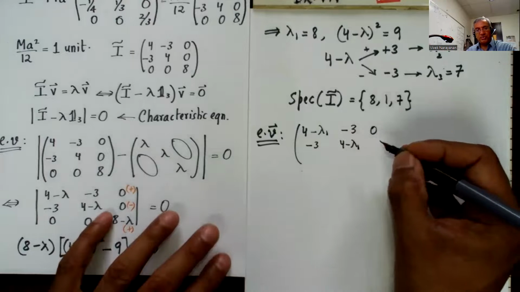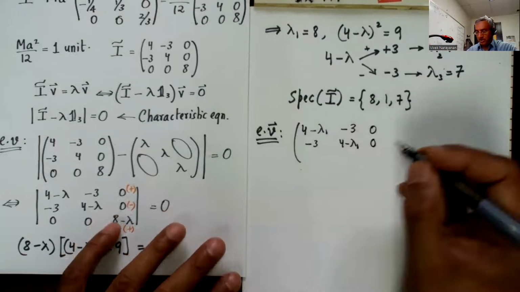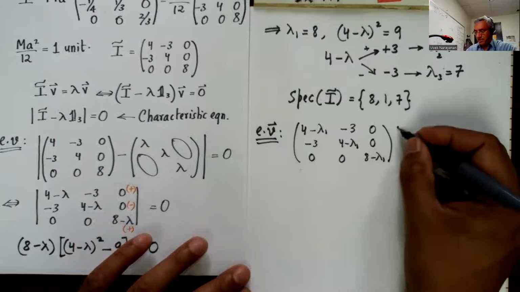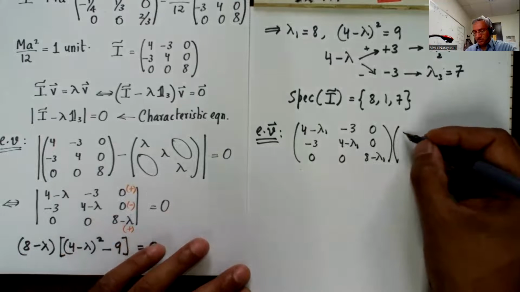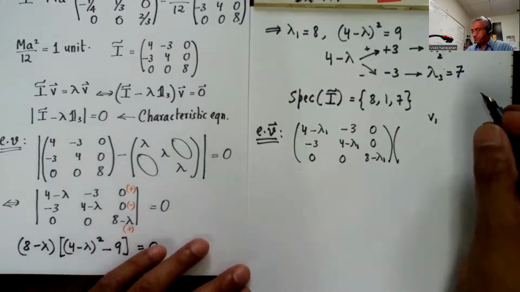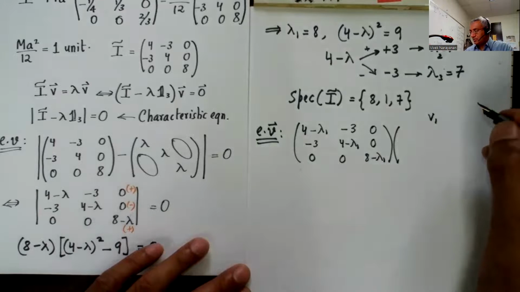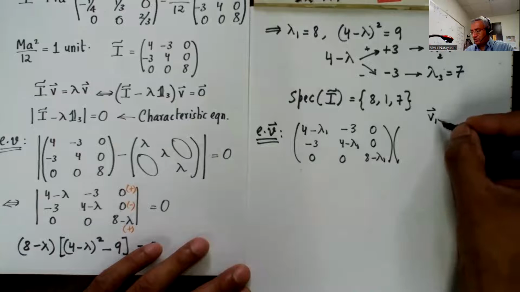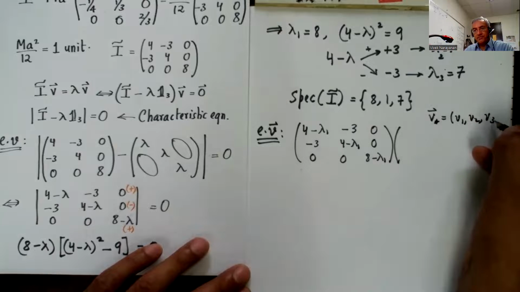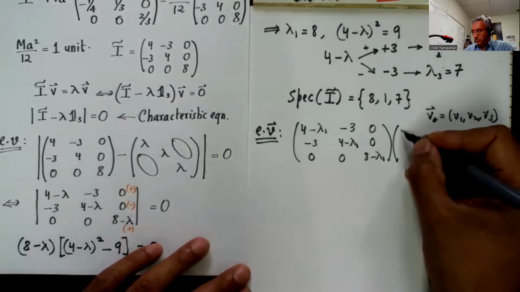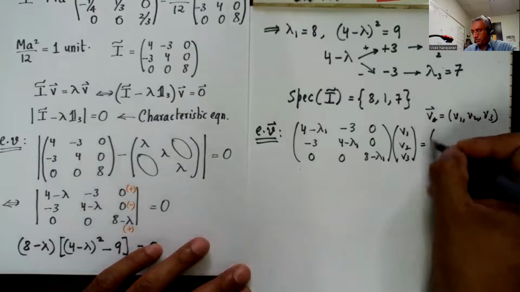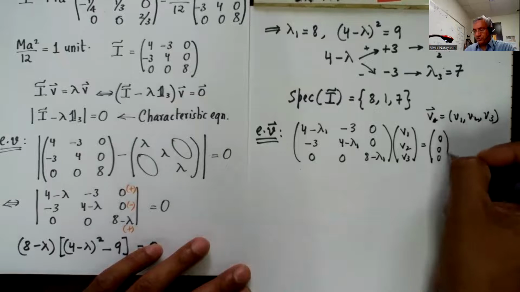So I'm just using this determinant, except writing it in a matrix form, times the components of the eigenvector v1. I'm going to just call the components of the vector v equals v1, v2, and v3. So I have v1, v2, and v3 equal to 0, which is the 0 vector.